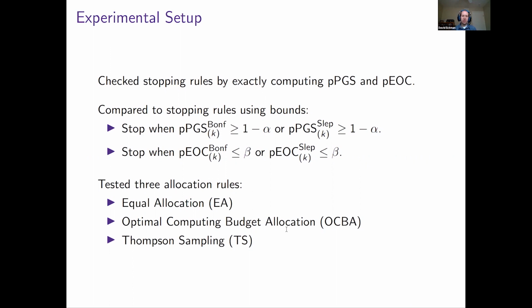And then lastly, Thompson sampling. In this setting, Thompson sampling allocates the next replication proportional to the posterior PCSs of the alternatives. One way to do that is just to generate a random problem instance from the posterior distribution, and you sample the alternative that had the highest mean from that problem instance.